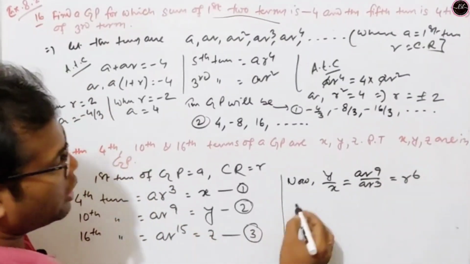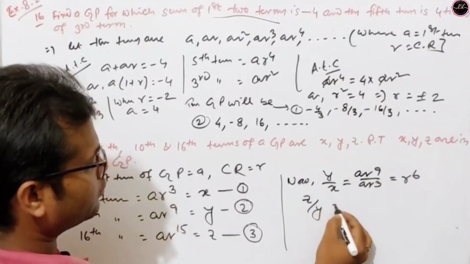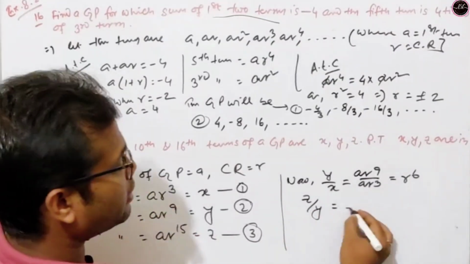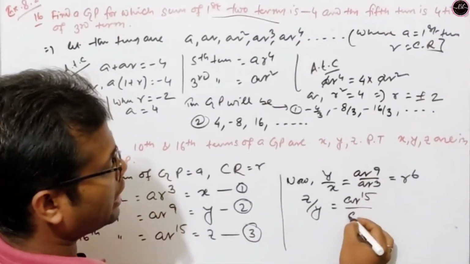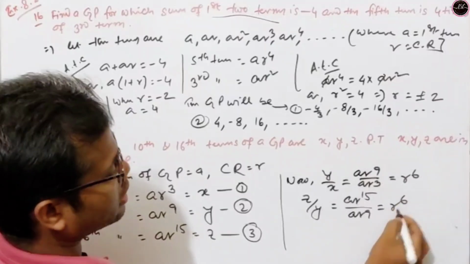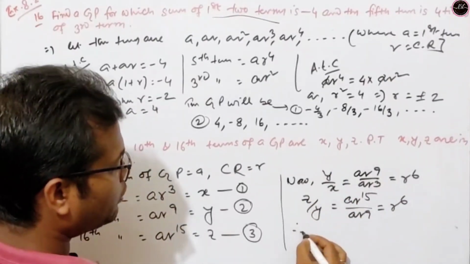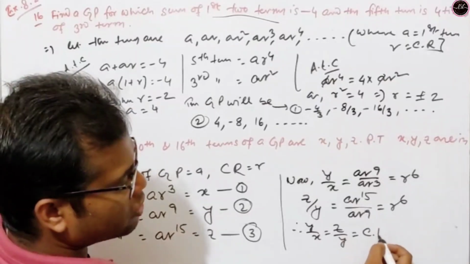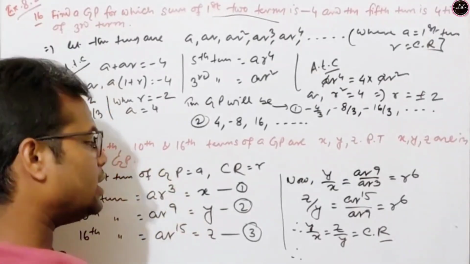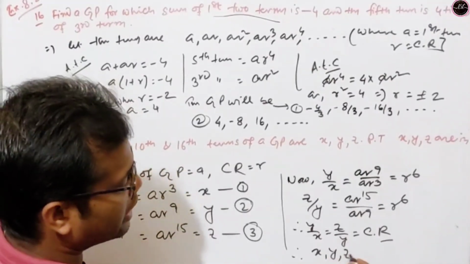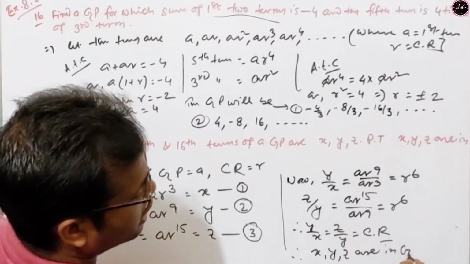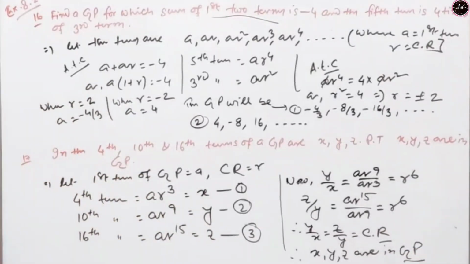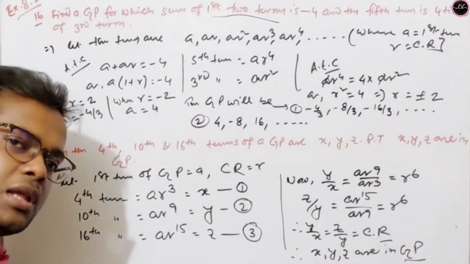Now z by y equal to ar to the power 15 by ar to the power 9. So we have r to the power 6. So therefore y by x equal to z by y equal to common ratio. So we can tell x, y, z are in GP. Okay, yes, as the common ratios are the same.